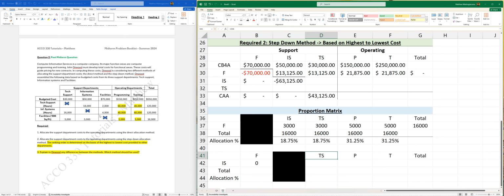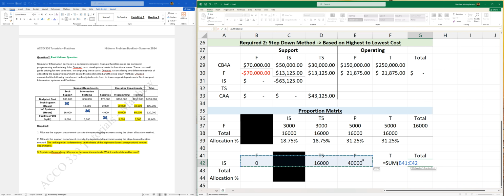Then how much does information systems help tech support? All we're doing is looking at the line for information systems. Information systems helps tech support by providing 16,000 hours, then 40,000 to programming, and 60,000 to training. So we sum up the whole line, and that gives us 116.